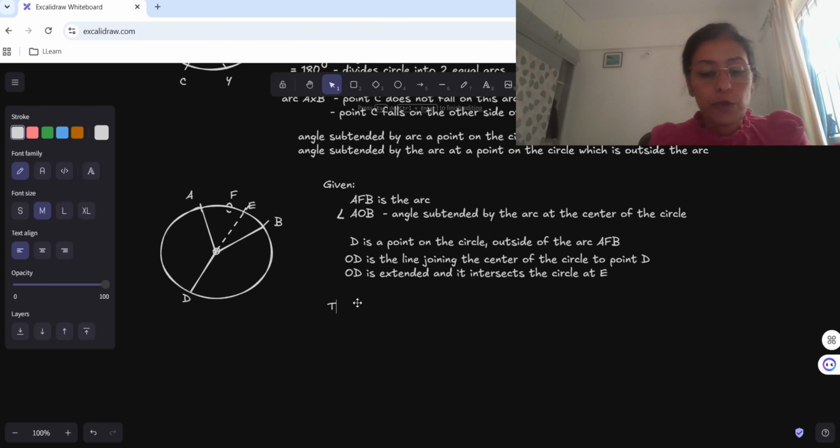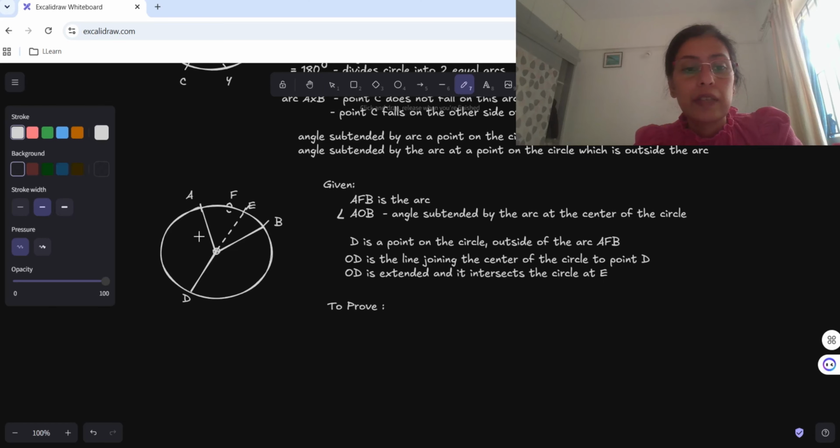What we have to prove here is that the angle subtended by this arc at the center is twice the angle subtended by this arc at any point on the other side of the arc.